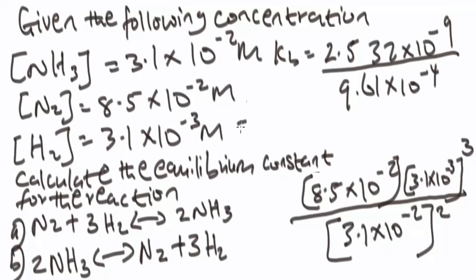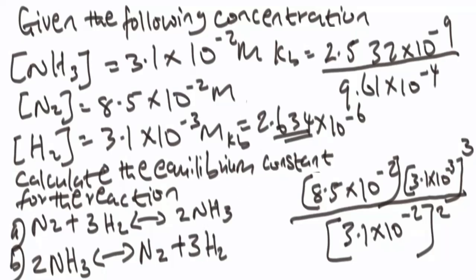When you punch everything together, it's going to give you 2.634, if you are leaving it in three decimal places, times 10 to the power minus 6. So this will be the equilibrium constant expression for reaction B. Kb equals this.